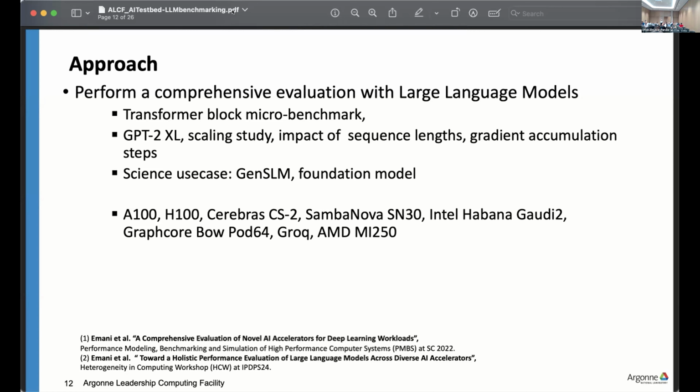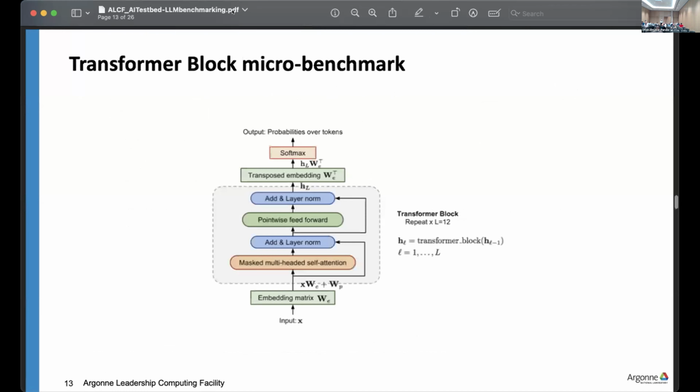On the system side, we used the A100, H100, CS2, SN30, Intel Gaudi 2, the GraphCore 64, Groq, and AMD MI250. We tried to run all these examples across all systems, but there are some constraints, so we ran as many systems as possible.